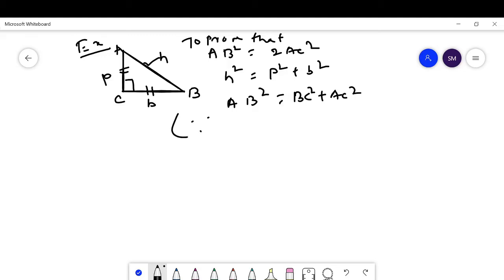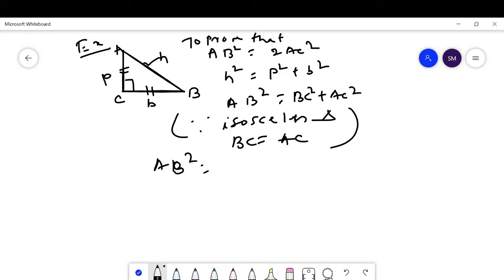Since this is an isosceles triangle, BC is equal to AC. Then in place of BC, we can write AC. AB square is AC square plus AC square.